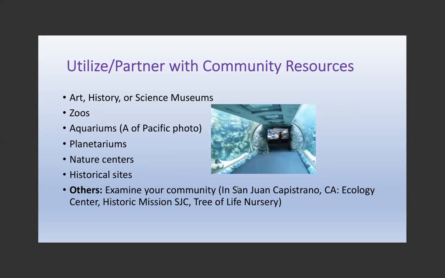There's an ecology center, the Historic Mission, and Tree of Life Nursery that has a lot of native California plants. So encourage these community resource partnerships, and they are reputable places where students can find information to help with their gathering of resources and finding answers to their questions.